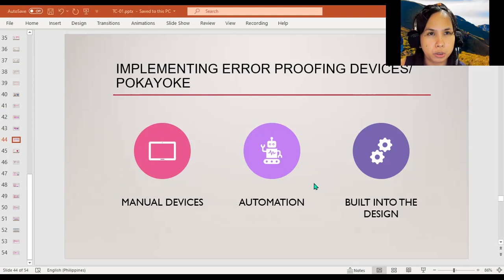We also want to ensure the device is easy to use. It's safe, simple to implement, and finally, we should be able to easily maintain the device and it should be durable. Now, that said, the ultimate test of any Poka Yoke device is to intentionally try to make it fail.